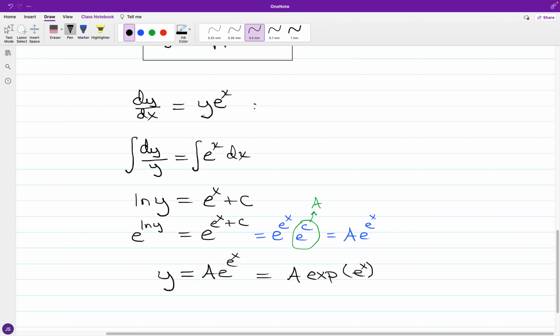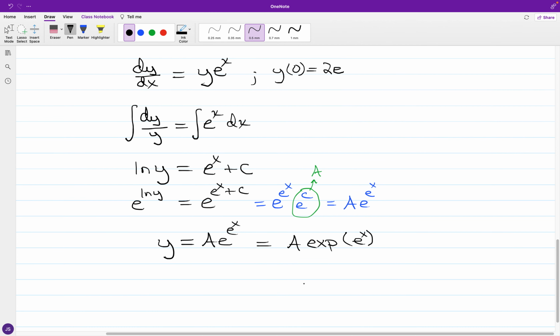Now, I did not mention this, but there is an initial condition where whenever x is 0, we have that y is equal to 2e.